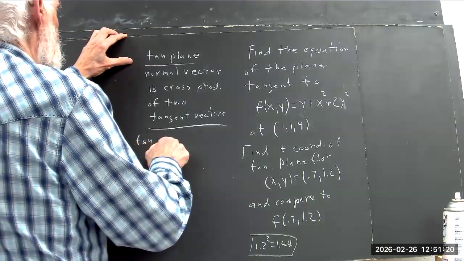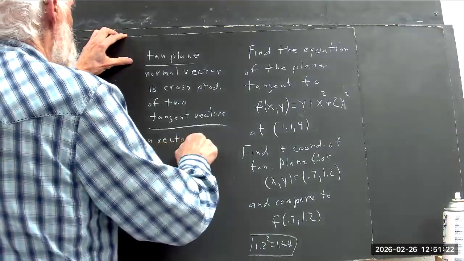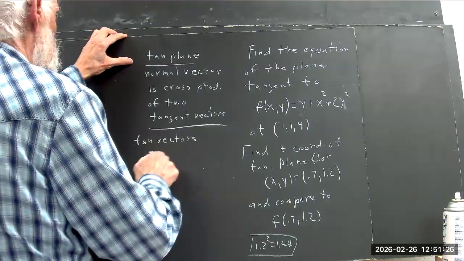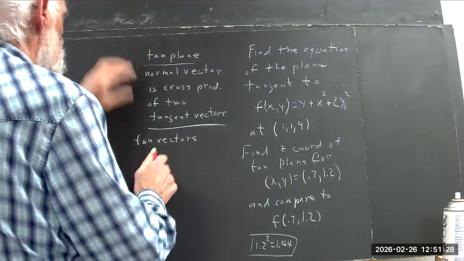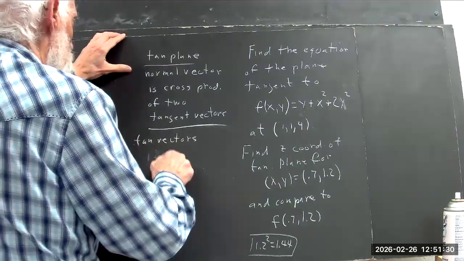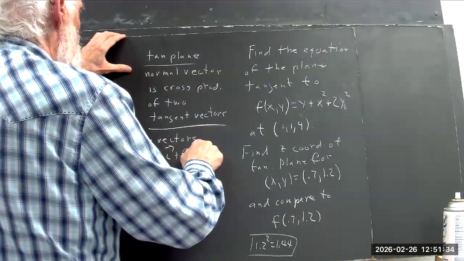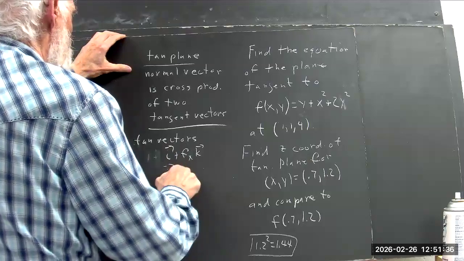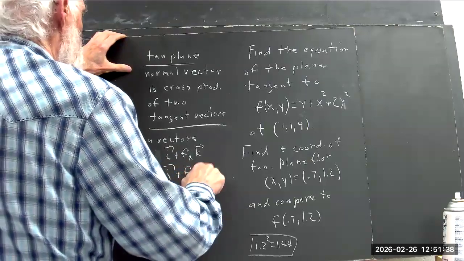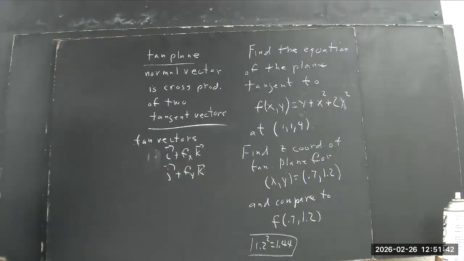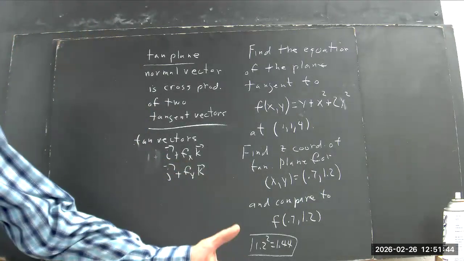Now, the tangent vectors are i plus fx k, and j plus fy k.